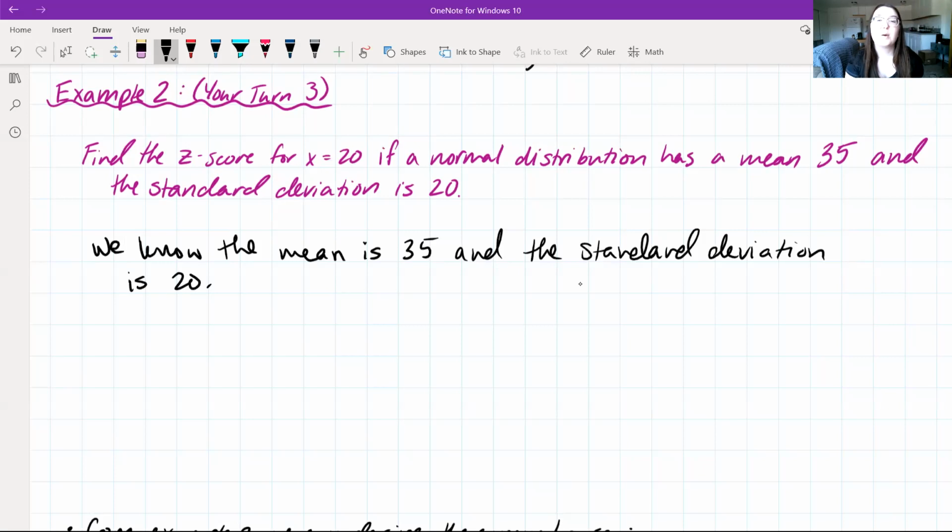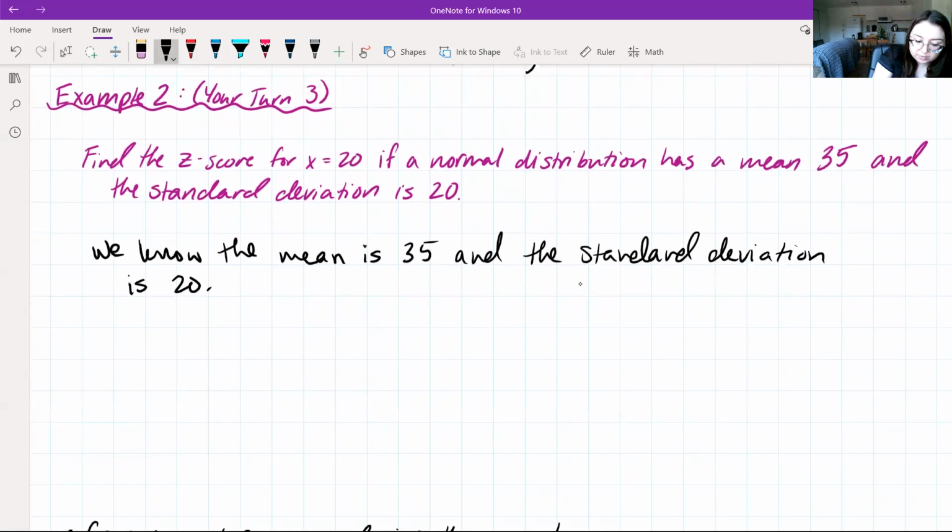is 20. And when we say the standard deviation is 20, this means that a z-score of 1, in this case, will be 20 plus 35. And a z-score of negative 1 is going to be 35 minus 20. So we say then z-score equal to negative 1 is 35 minus 20 is 15.